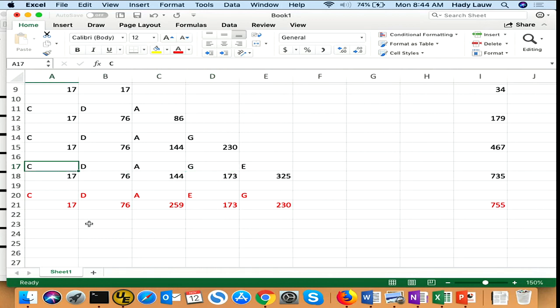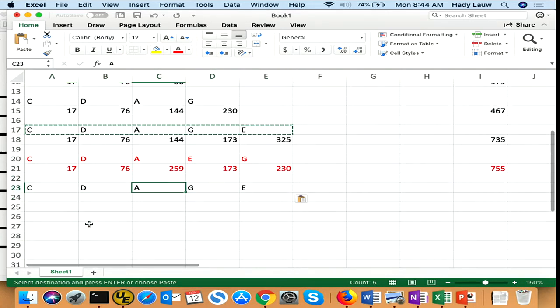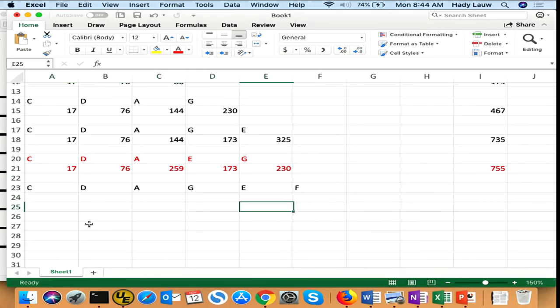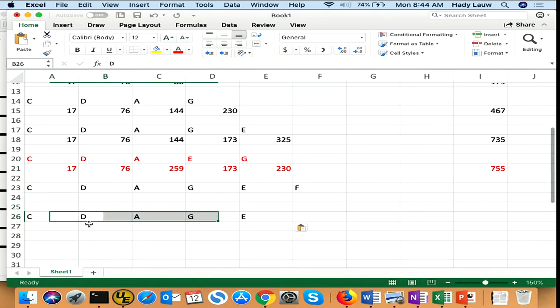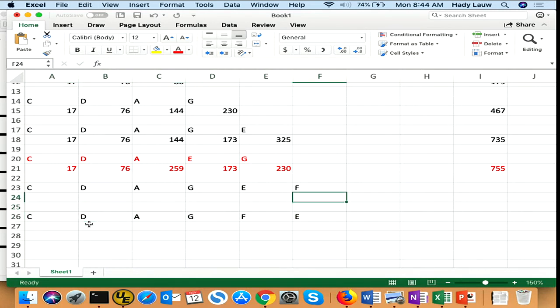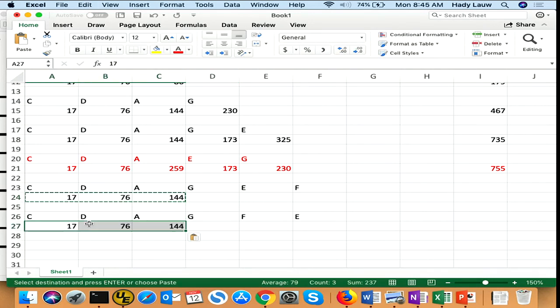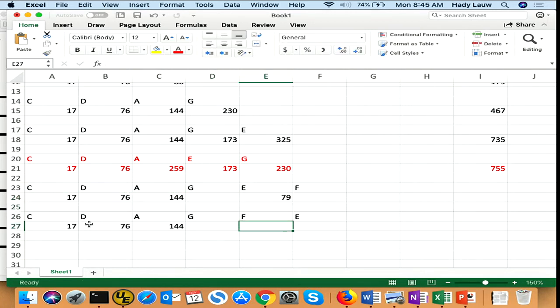So which means that we are going to look at the two possibilities of this one versus FE. GE is 173.